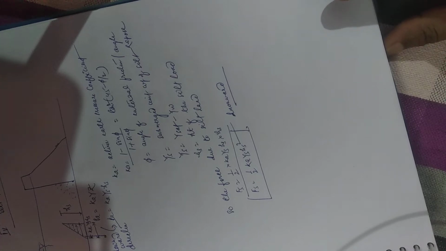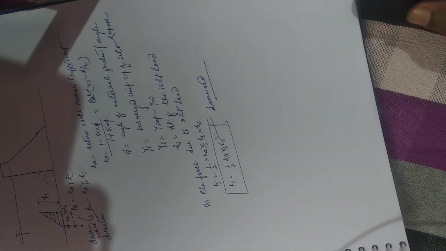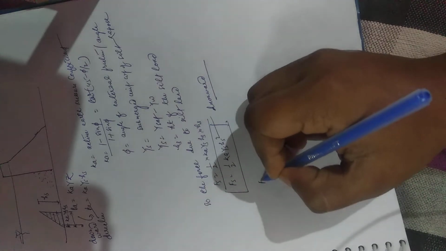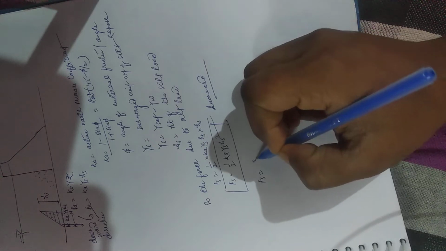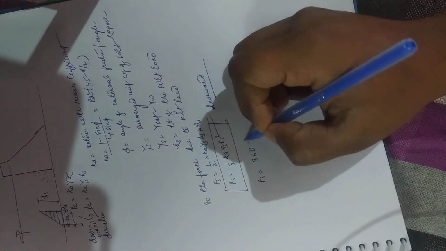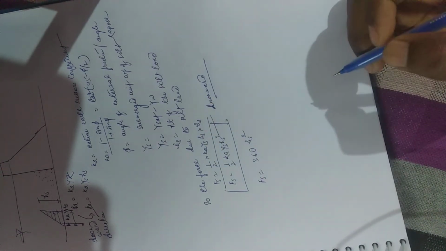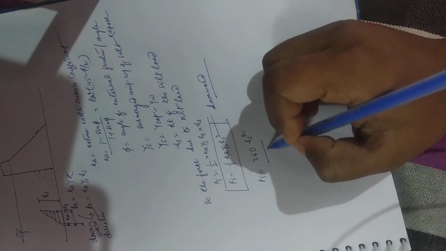Also, one more formula is given by USBR. In the absence of any data, the Fs can be taken as 360 Hs square upon 2, where Hs is the height of the silt.